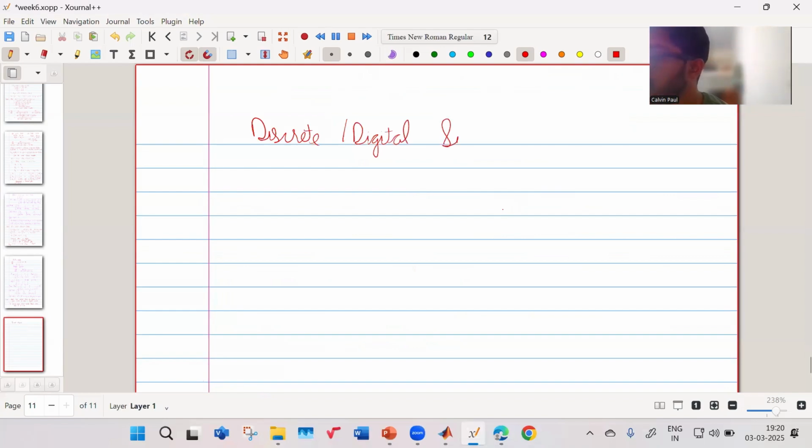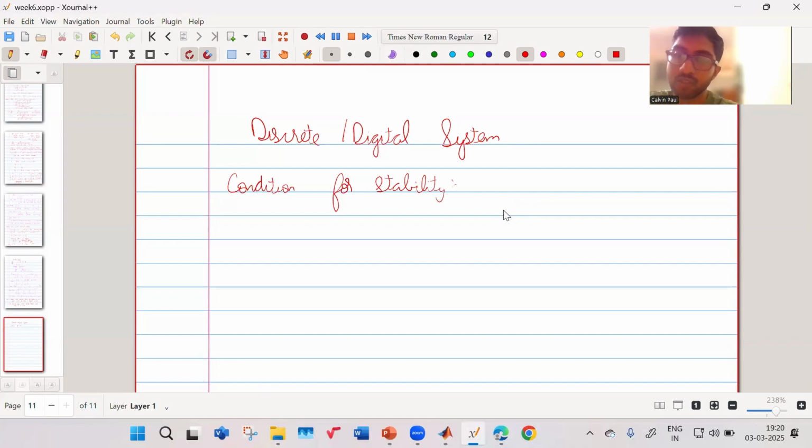what is the condition for stability? For a continuous time system, the condition for stability is that the poles or eigenvalues should have a negative real part, that is, they should be in the left half of the S plane.